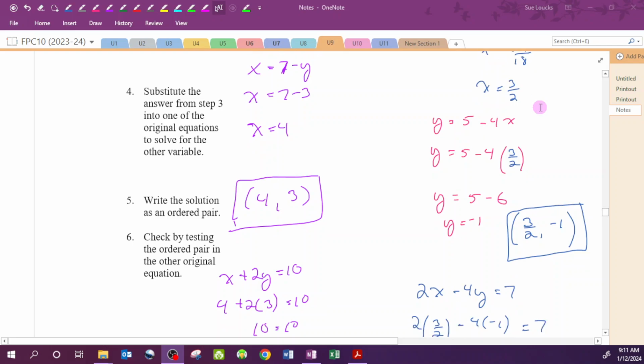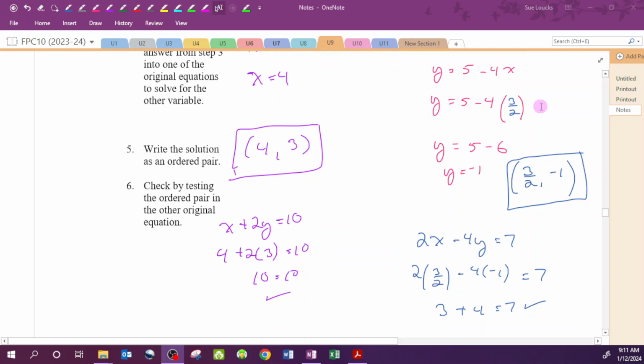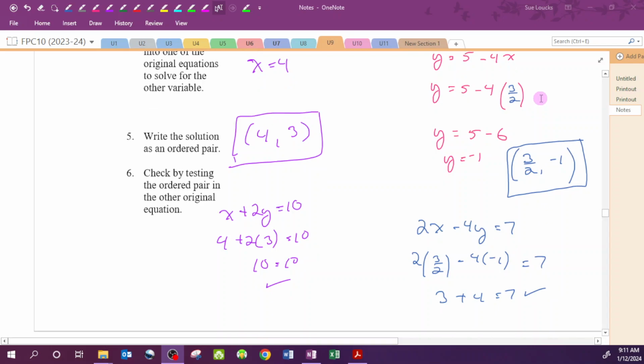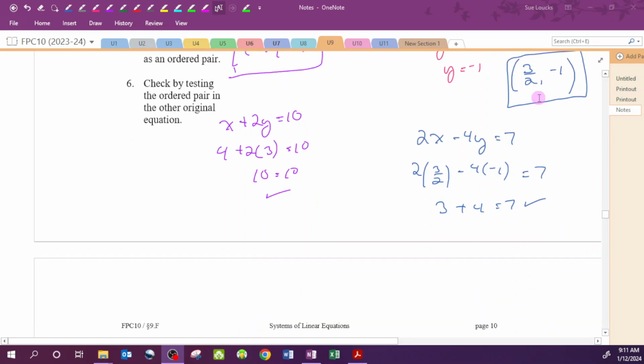The value you found for y definitely works in the first equation because that's how you found it. So you have to use the other equation to check your answers. And you need to check your answers on these. If you never check your answers on anything else, please check your answers on this.